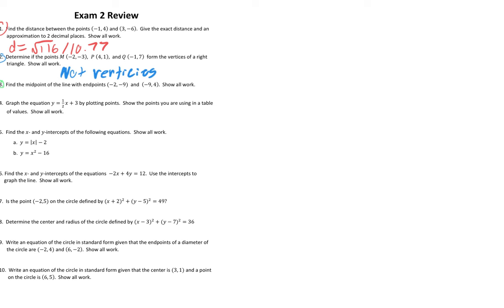So now looking at question 3, we want to find the midpoint of the line with the endpoints (-2, -9) and (-9, 4). So we've got to use our midpoint equation, which is the midpoint is equal to (x1 plus x2) over 2, and (y1 plus y2) over 2.